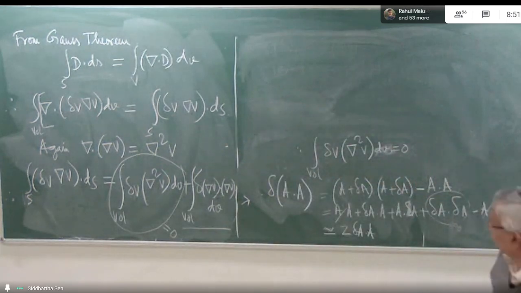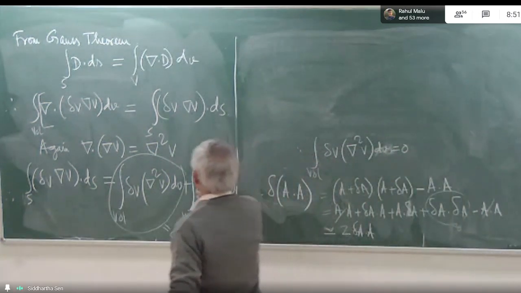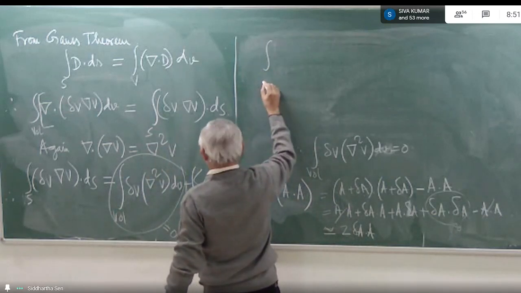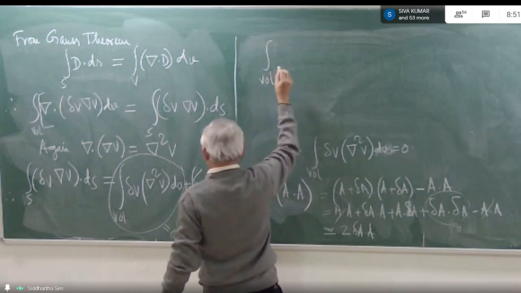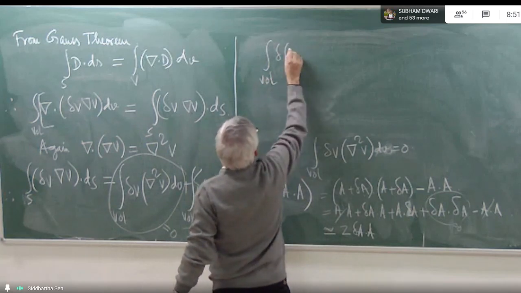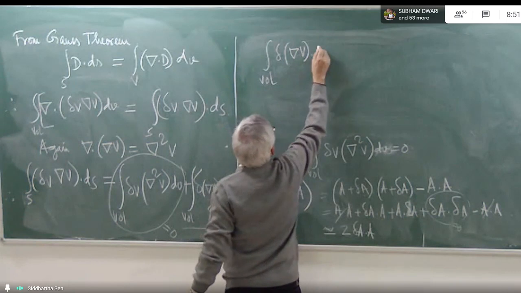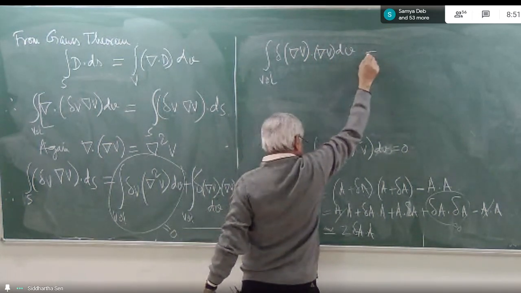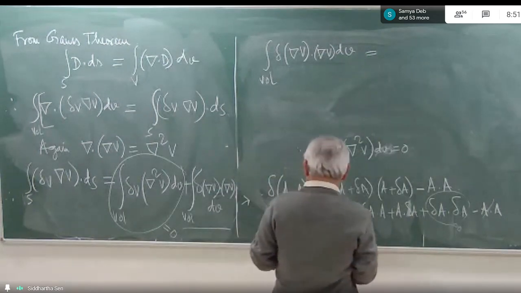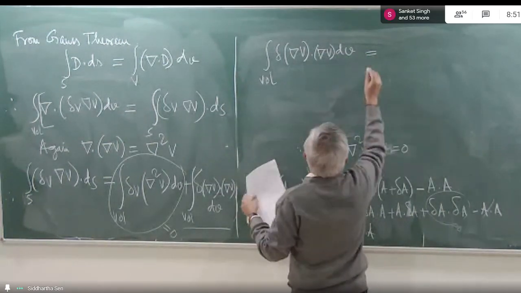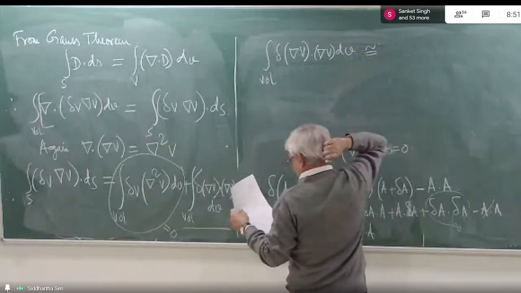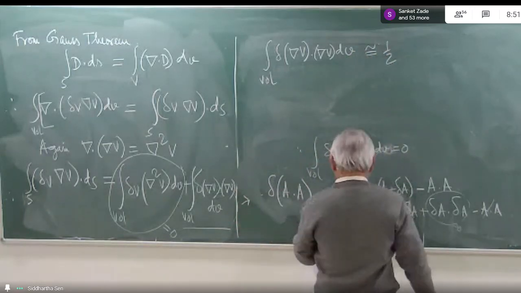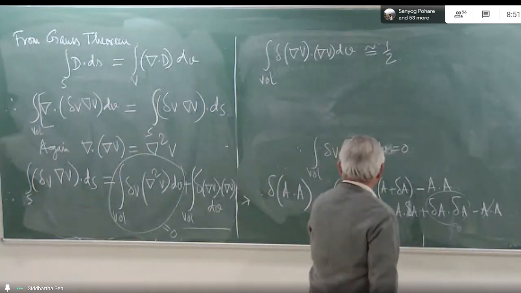So in this expression, this term equal to 0, what we can say on the right hand side is the volume integral of delta of nabla V dot nabla V dV is equal to, approximately, obviously half into, because this is similar to the right hand side.